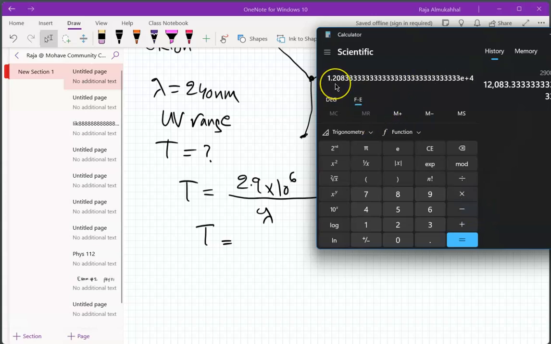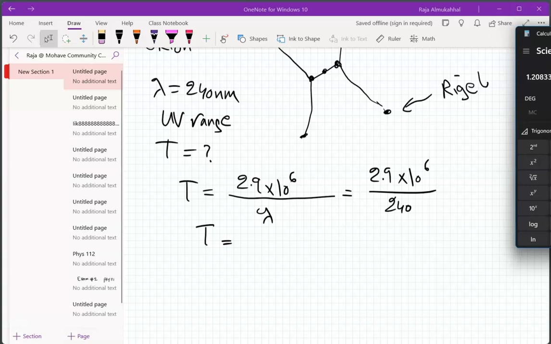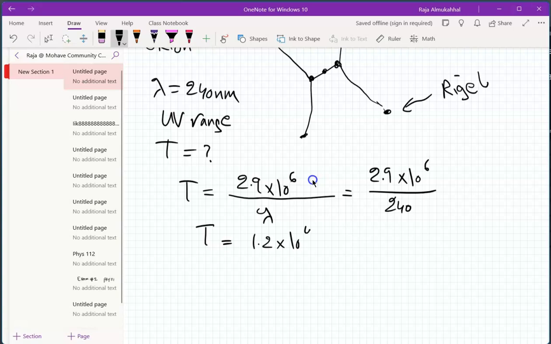There we go. 1.2 times 10 to the 4, right? So 1.2 times 10 to the 4, and that would be in Kelvin. I could write it as 12,000 Kelvin, the temperature.